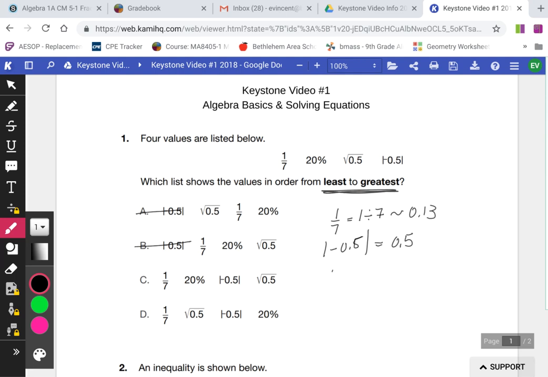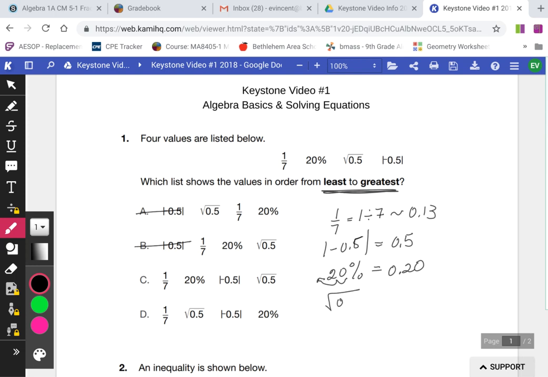And 20%, if you remember, when we take it into a decimal, we want to take the decimal point and move it 2 spaces to the left. So 20% is the same as 0.20. And that actually is pretty small. That looks like the next smallest after 0.13, but let's just check the square root of 0.5.